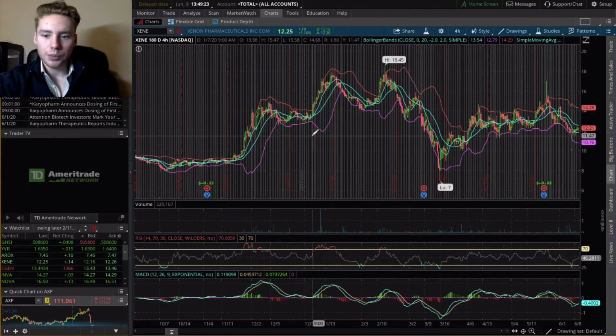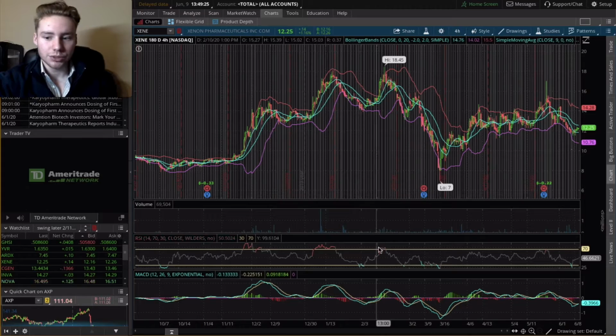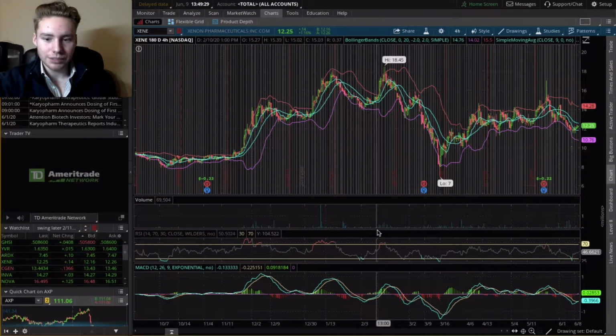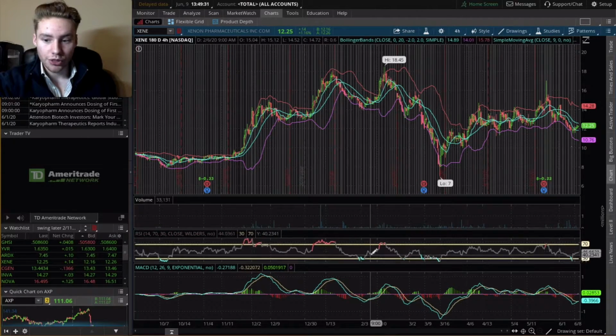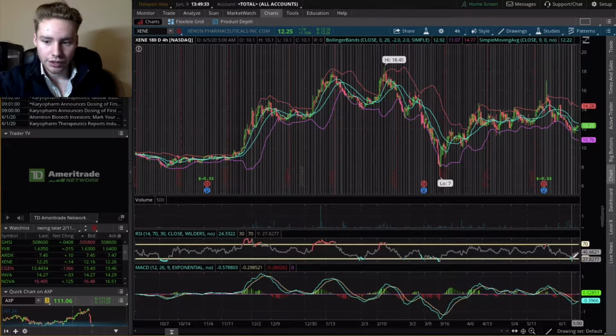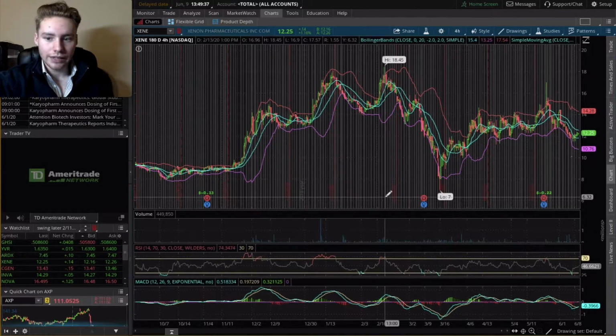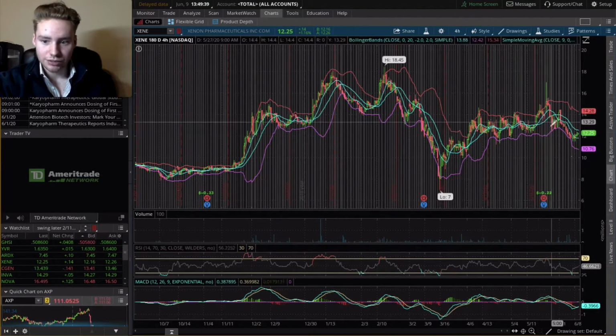Why it's on my watch list now is because we can see here that the RSI dipped below 30 at this one point right here. It got down to almost 23. And again, that followed the price action pretty well.